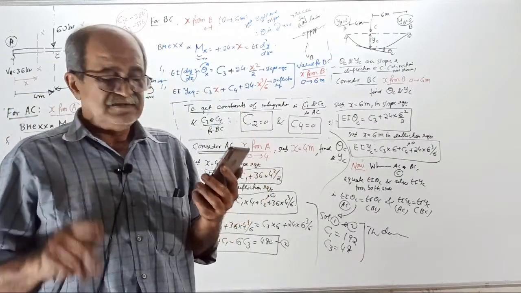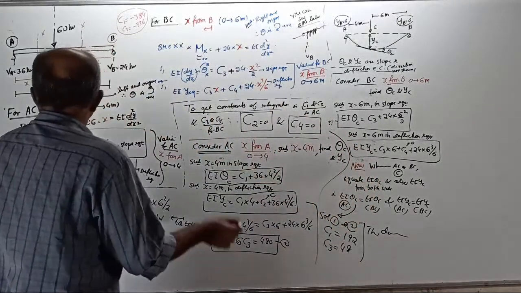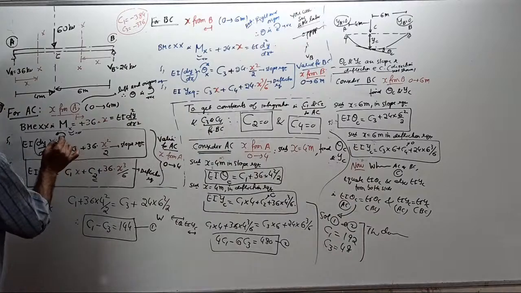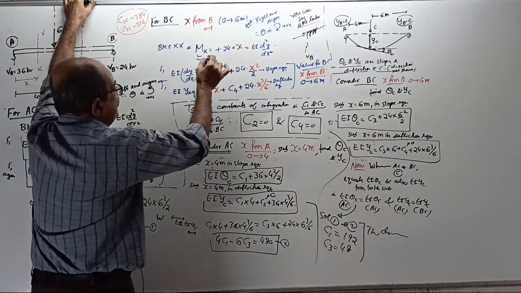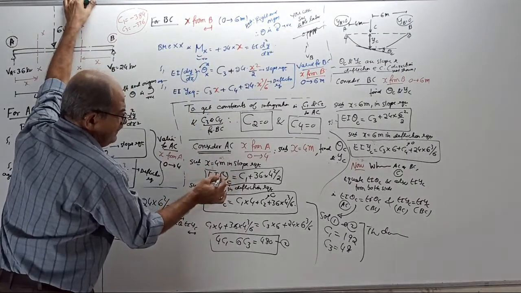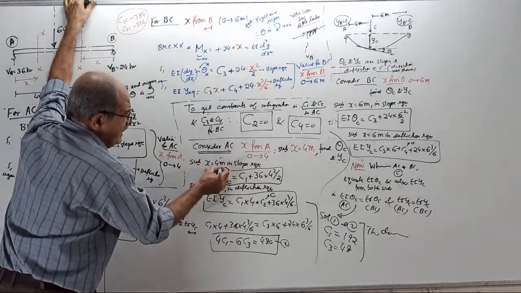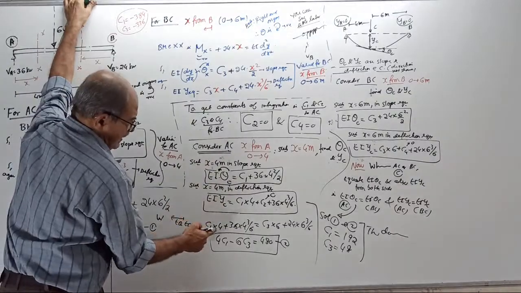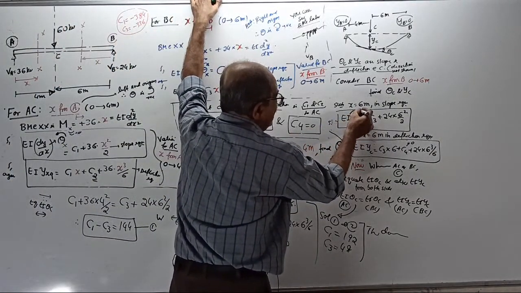Is the mistake clear or not? I will correct it. The mistake you should write: when you take left origin, theta is anti-clockwise positive. When you take right origin, theta is clockwise positive. Therefore you are right here. This is EI theta C when I take left origin in anti-clockwise direction, whereas this is your EI theta C, which you write once again in clockwise.